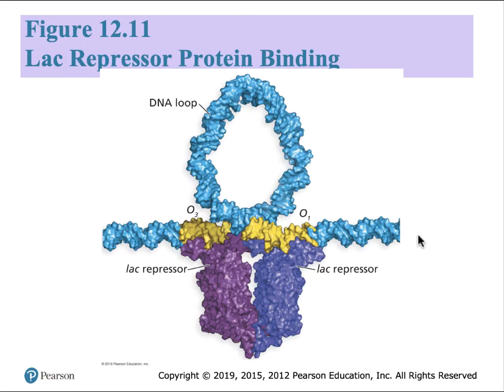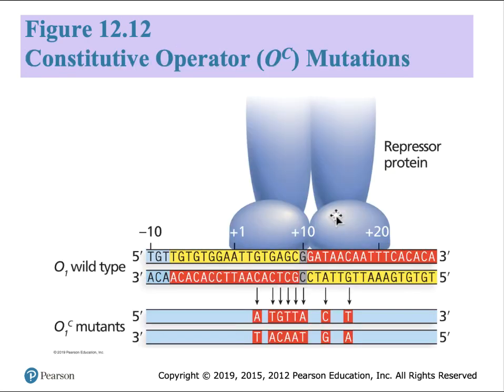In fact, the only way that the three operator sites are able to interact with the repressor is if the DNA forms a loop. Any mutations that prevent the formation of the DNA loop and the binding between the repressor protein and the DNA will result in a mismatch between the two.